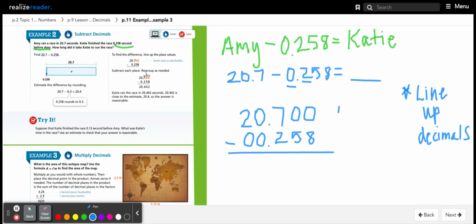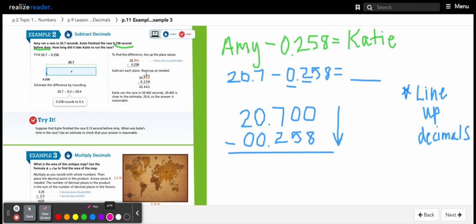We start from the top to the bottom, and I start on the right. So, 0 minus 8. I can't do 0 minus 8. I'm going to have to borrow. So, I look now to the left. That first number to the left of that 0 is another 0, so I can't borrow from there. So now I'm going to look again to the left of that.